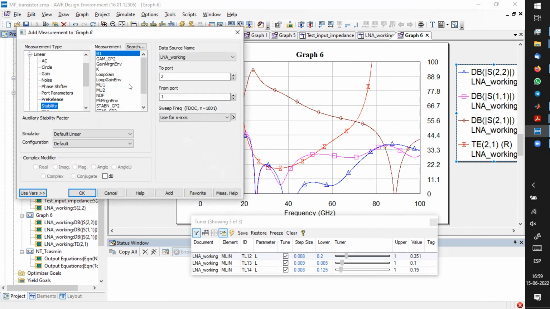So basically at this point, the sort of black magic of LNA design starts. You need to make it stable. K factor 2.1 maybe.